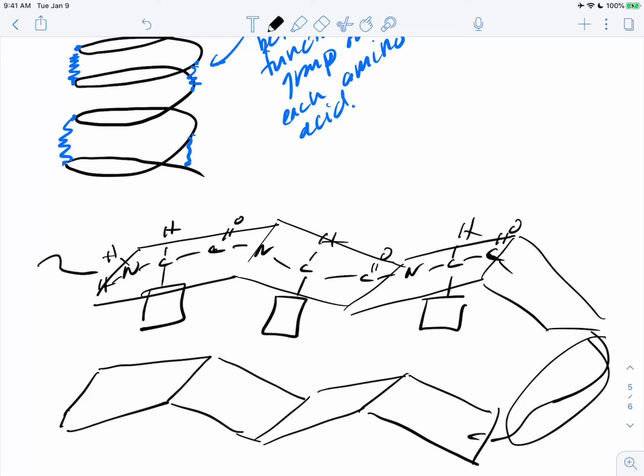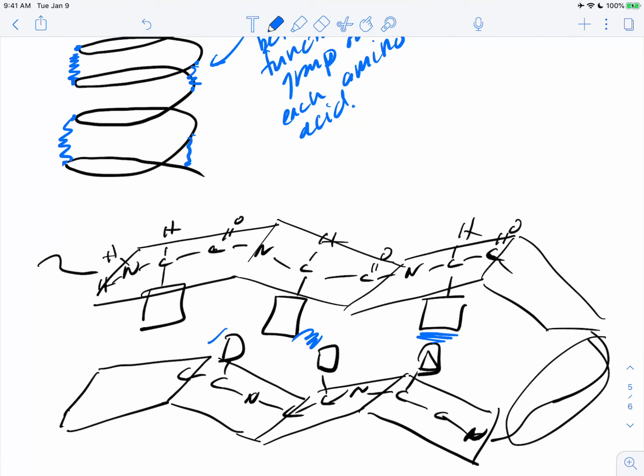So we have our N, C, C, N, C, C, N, C, C. And so we have these carbons and our interactions. And so we have this in blue, we have interactions between the functional groups that are coming off these carbons right here.